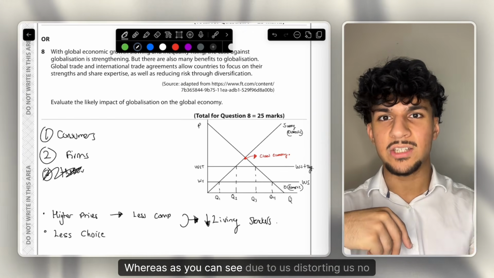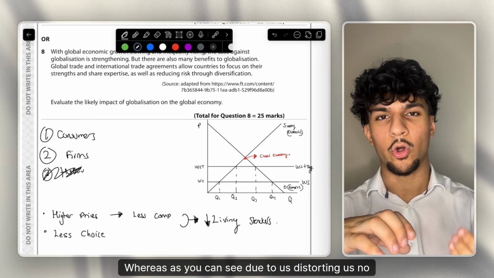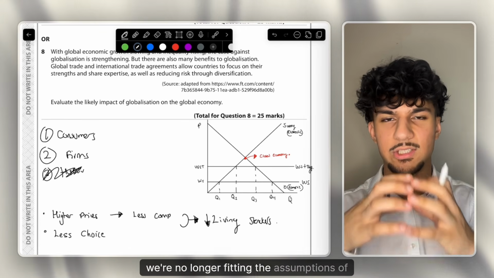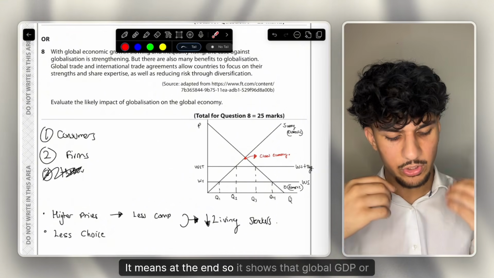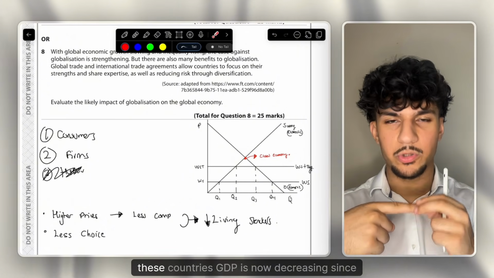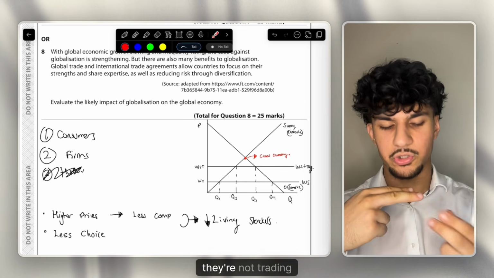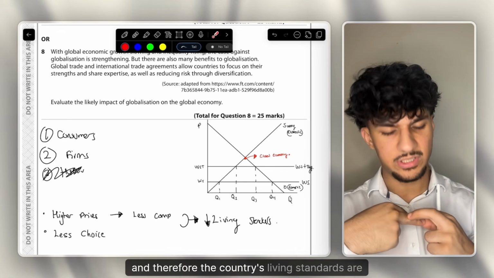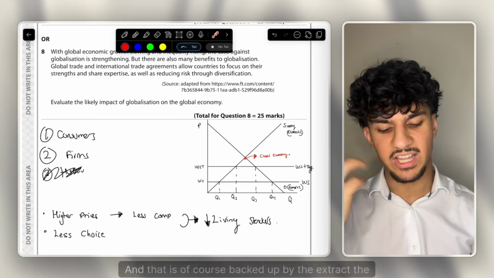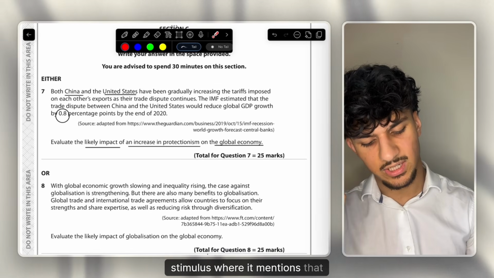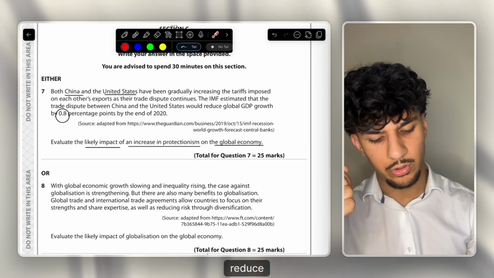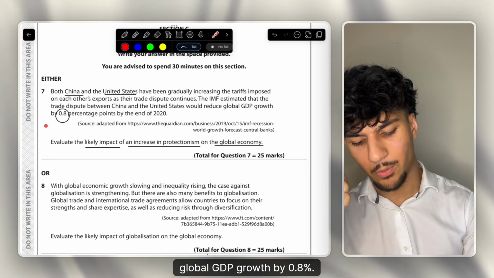Whereas, as you can see, due to us distorting, we're no longer fitting the assumptions of comparative advantage. It shows that these countries' GDP is now decreasing since they're not trading, and therefore the countries' living standards are now decreasing. And that is, of course, backed up by the extract, the stimulus, where it mentions that it will reduce global GDP growth by 0.8%.